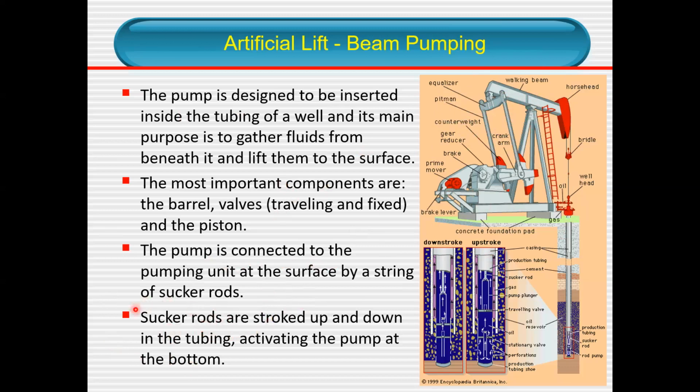I just want to explain the last one. The sucker rods go up and down like a bicycle pump. You stroke up and down in the tubing and activate the pump at the bottom so that you can produce the crude oil. It is a simple mechanism, but for crude oil, because of safety, you really have to be careful, not just treat this as a bicycle pump, even though the mechanism is the same.